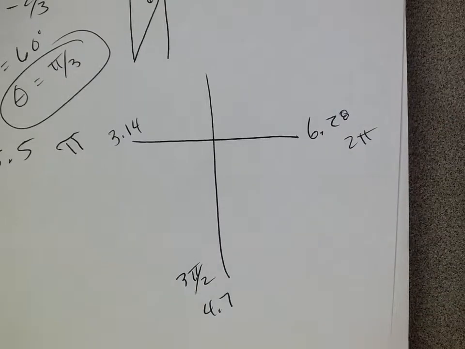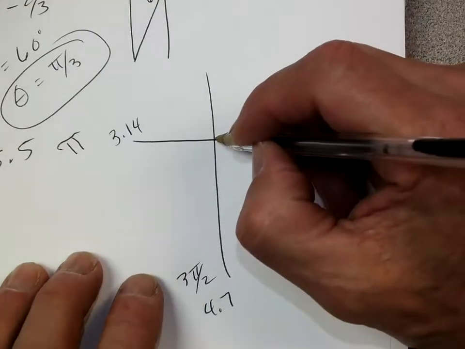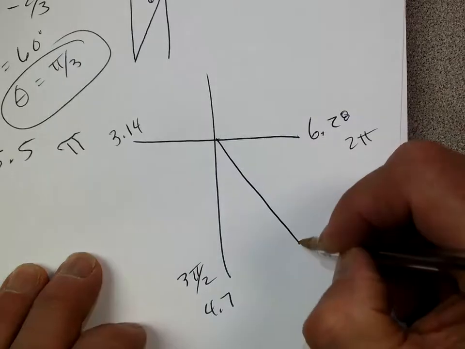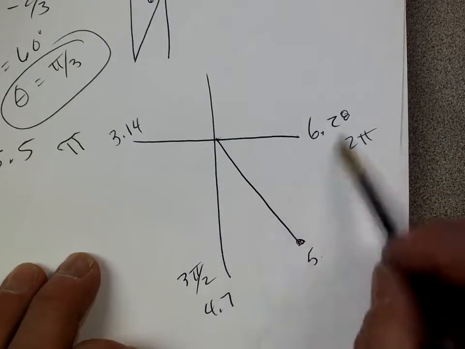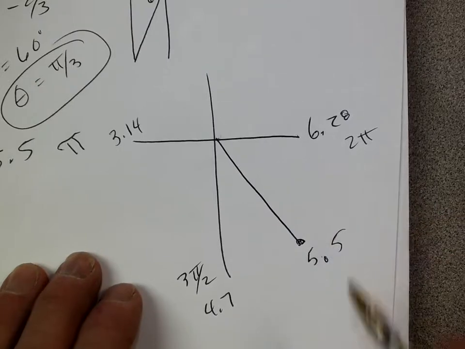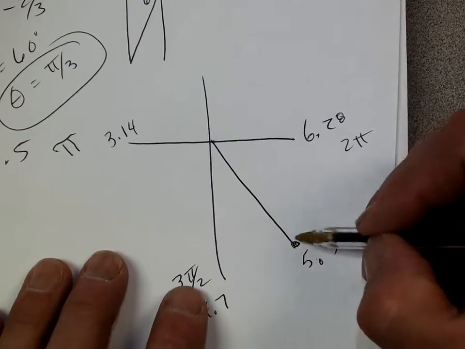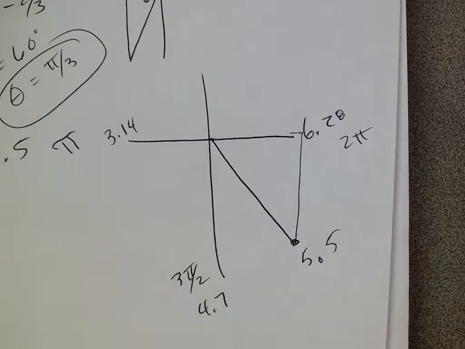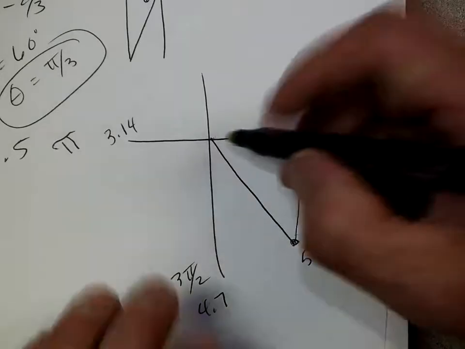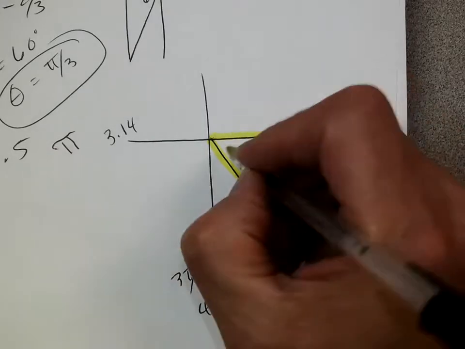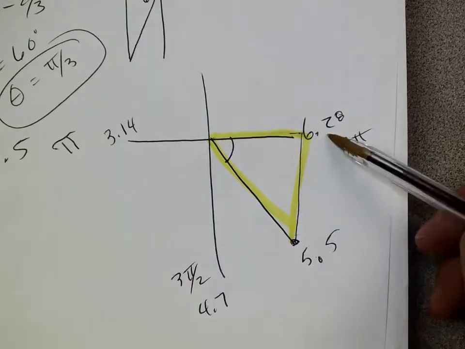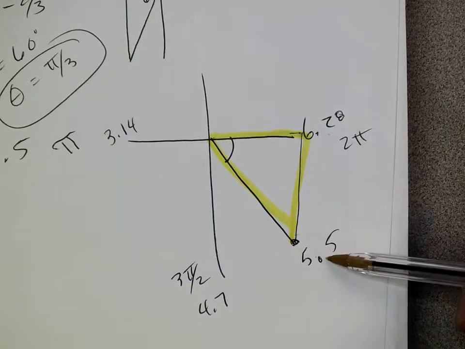So 5.5 is probably somewhere around here. Does that make sense? That 5.5 would be right about there somewhere, because it's got to be between these two, right? So what happens is we get this triangle right here. So you see the triangle? If I need this reference angle, I'm just going to take 6.28 minus 5.5.